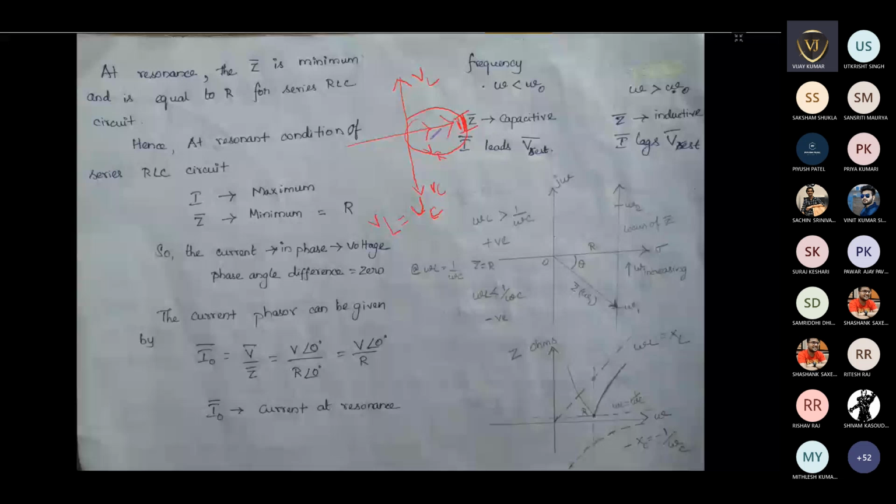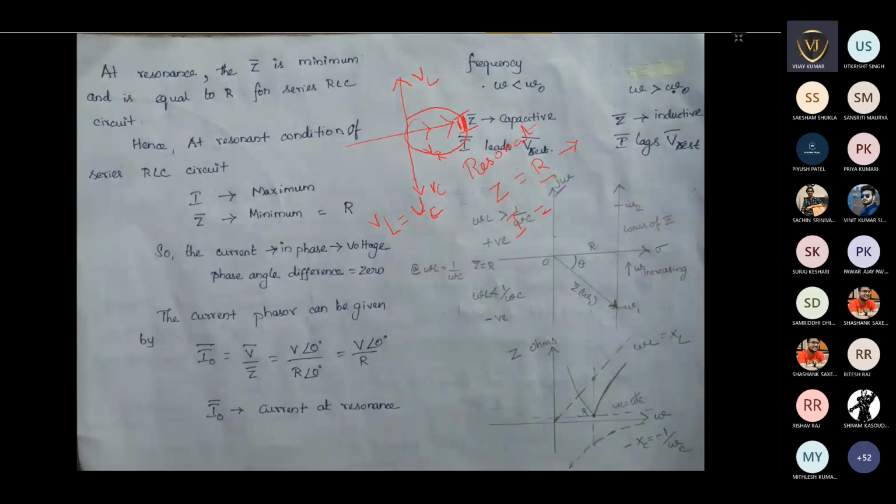So the point to be noted here is, at resonant condition, the circuit will be offering least resistance for a series RLC circuit. If it is having the least resistance, it will be having the maximum current. If you are talking in terms of signal strength, whichever signal is designed for that particular resonant frequency will be having the maximum strength at resonant condition.